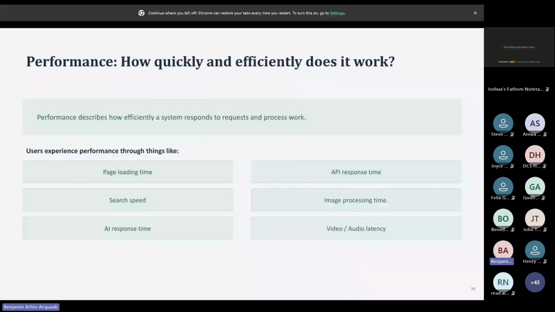Users experience performance through things like page load time. As I said, if I open your page, how long does it take to load? Then API response time. I'm not sure if everyone on this call is technical or understands what an API is. Essentially, when you open any application or website, that application is getting information from a server that is hosted somewhere.